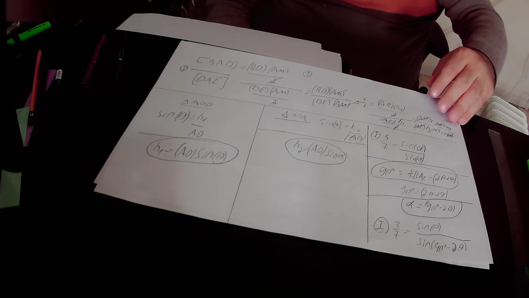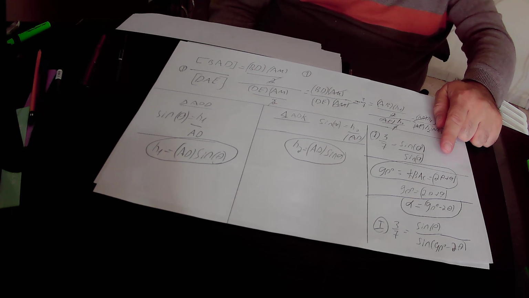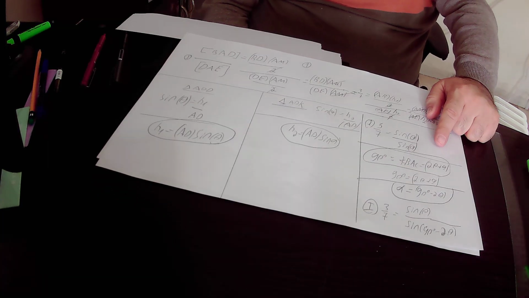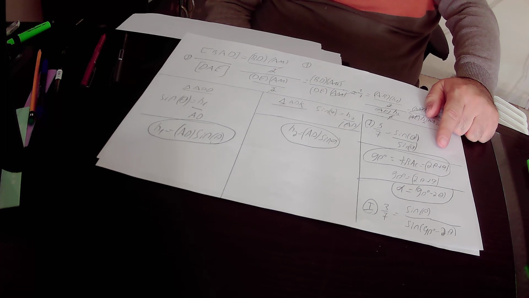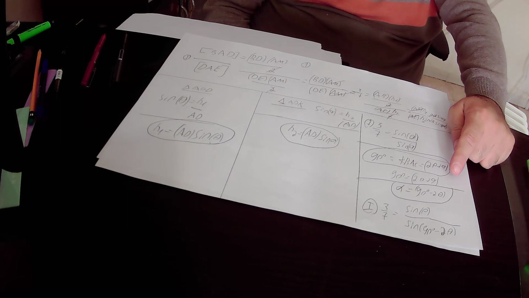We know that angle BAC is equal to 90 degrees, but from the other side, the value of angle BAC is equal to 2 theta plus alpha. So from this equation we conclude that 90 degrees equals 2 theta plus alpha.